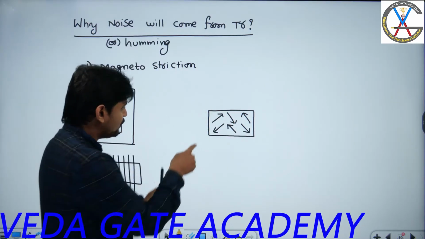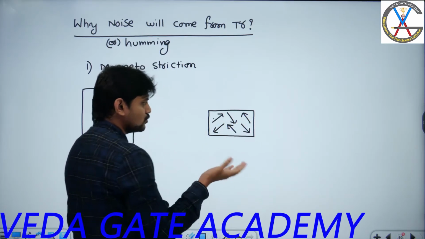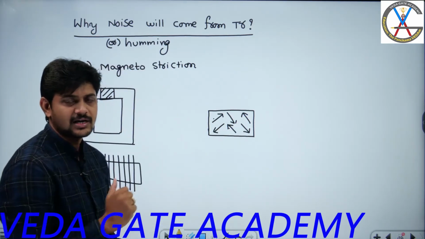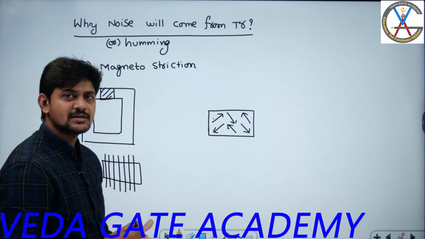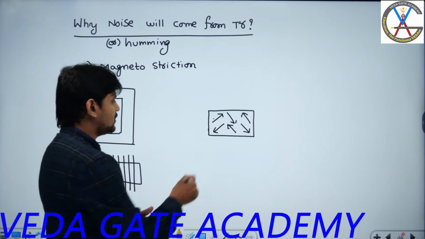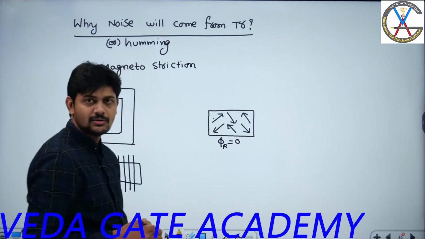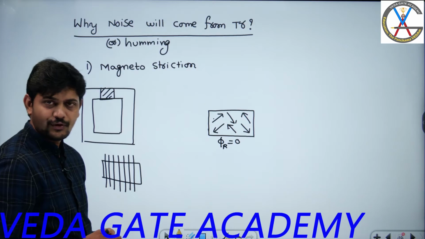This dipole is opposite to this, this is opposite to this. So everything will get cancelled and the net flux is equal to 0. That is called the completely unexcited state of the magnet, right? So the resultant flux or net flux produced by this magnetic material is 0. Are you following what I am saying?